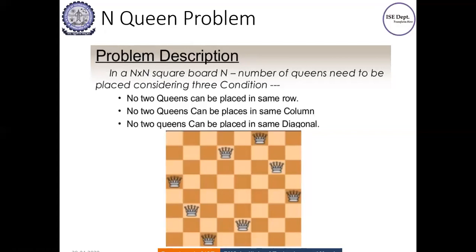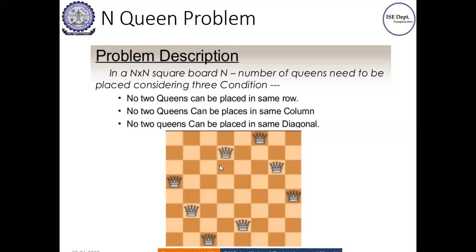So what is the next topic here? As I told, it is the N Queen problem. So what is this problem all about? The problem statement in the N Queen problem says that there are n queens present, and an n cross n chessboard. We all know how to play chess, correct? So that is 8 cross 8.